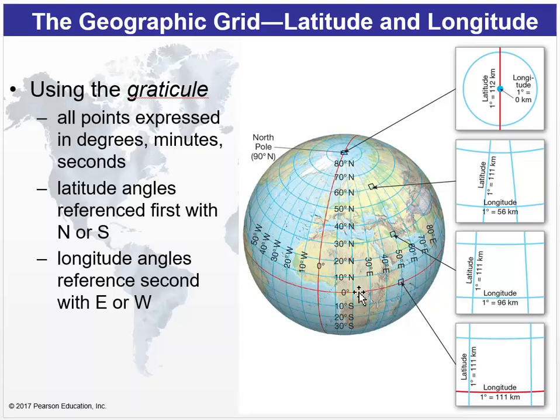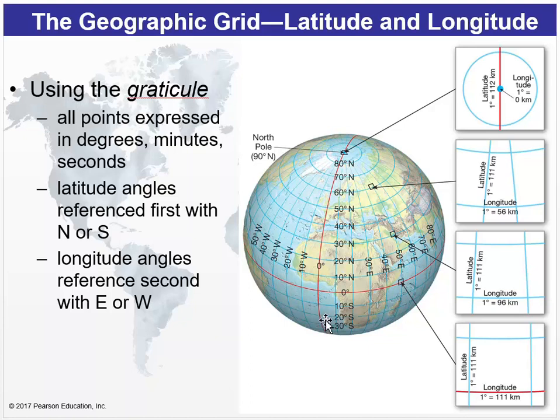That's this red line that marks the 0 point. So these are angles north and south of the equator, or angles east and west of the most important longitudinal line, that is the prime meridian. That is also going to be this 0 point.